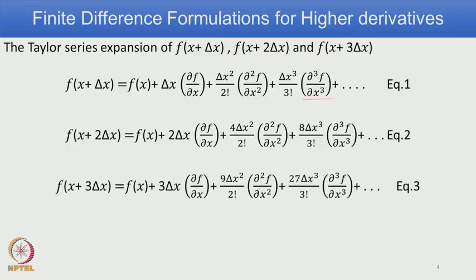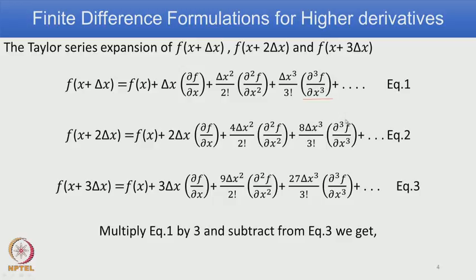What we are interested in is the last term, the third derivative term, del cube f by del x cube, and that term is there in all the 3 equations, equation 1, equation 2 and equation 3. So, we have to do some arithmetic manipulation to get rid of the first derivative as well as the second derivative term. We basically do 2 arithmetic operations in the beginning, considering equation 1 and 3.